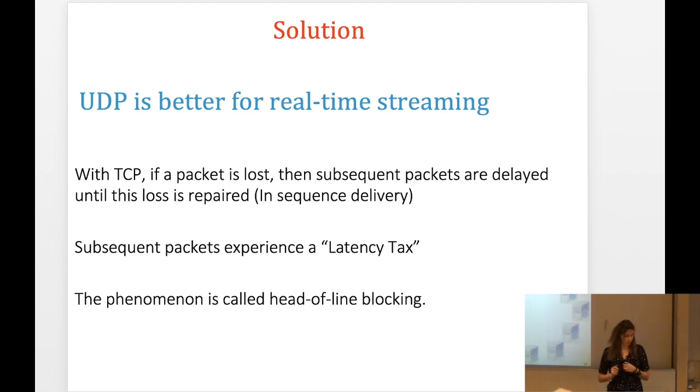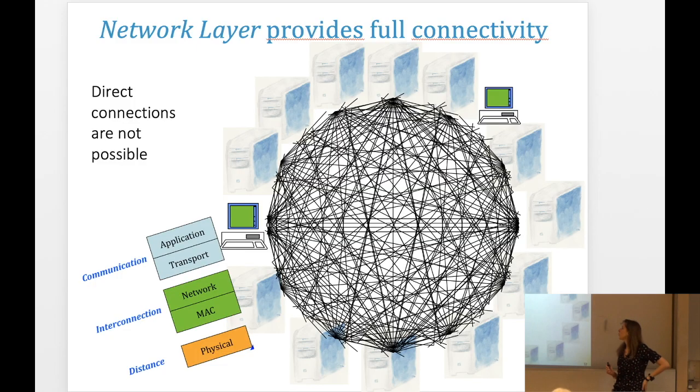So once we have understood the application and transport layer, these packets go through the interconnection layer to be able to travel from one place of the world to another. So in the world, there are billions or zillions of devices, and it's not really feasible to pull cables between every pair of devices that could want to communicate with each other.